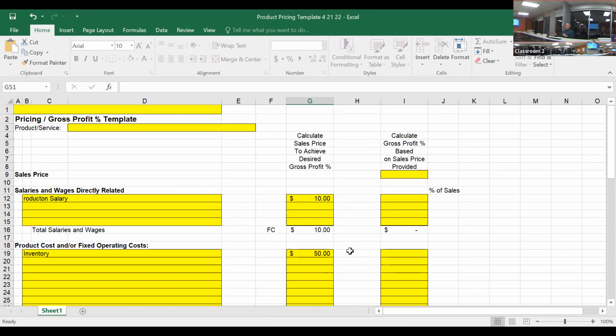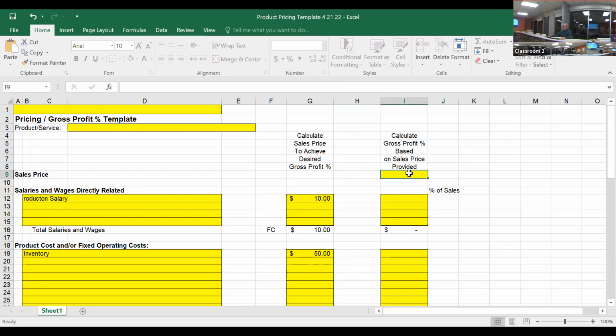You can also look at this another way, by calculating gross profit based upon a sales price provided. So maybe I want to start with a sales price and then just figure out what kind of margin that's going to generate for me.